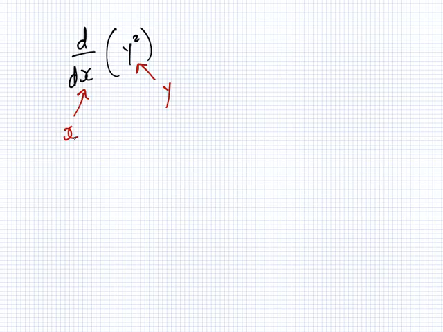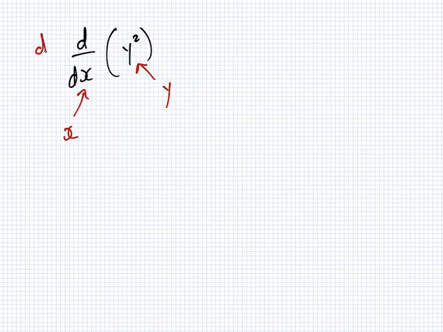So here's the idea. You want to differentiate something like, let's say, y squared. But the problem is basically this: this is y, but the derivative is with respect to variable x. Well, there's a little trick to fix this.